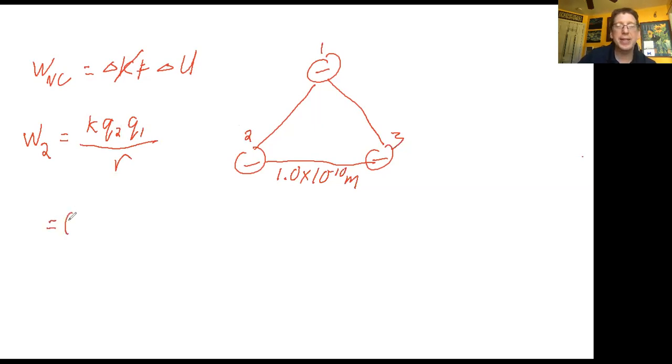And we are working in 2 significant figures. So that's 9.0 times 10 to the 9 Newton meters squared per Coulomb squared.